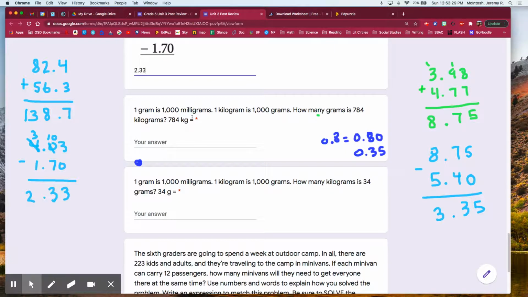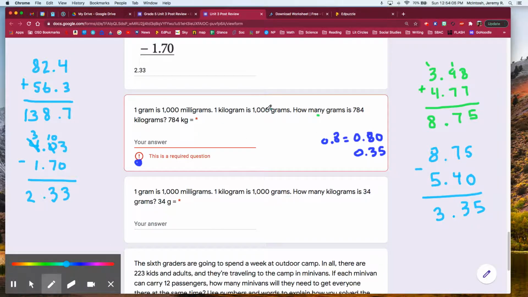Okay. 1 gram is 1,000 milligrams. 1 kilogram is 1,000 grams. How many grams is 784 kilograms? There are 1,000 grams in a kilogram. So this is the power of 10. What we're doing is multiplying 784 times 1,000.